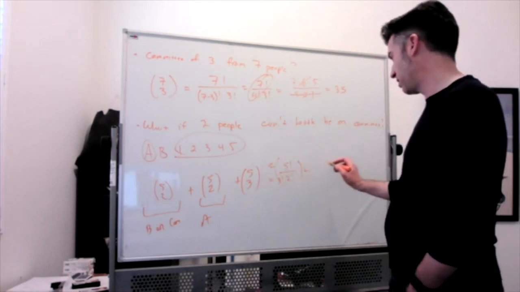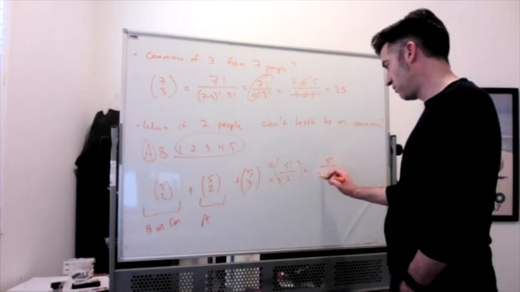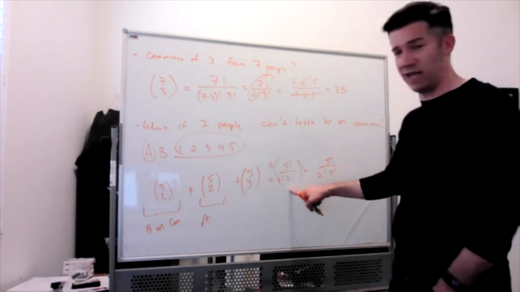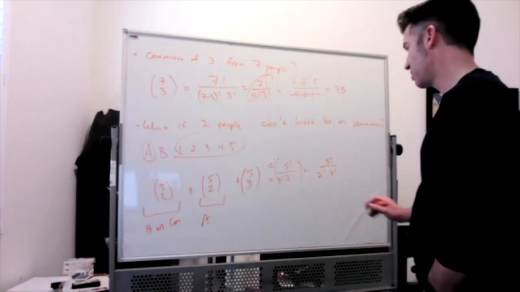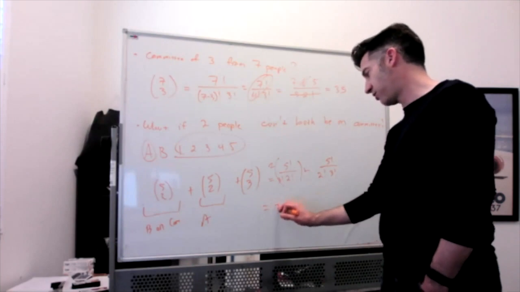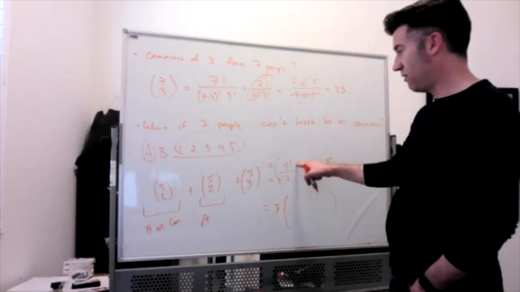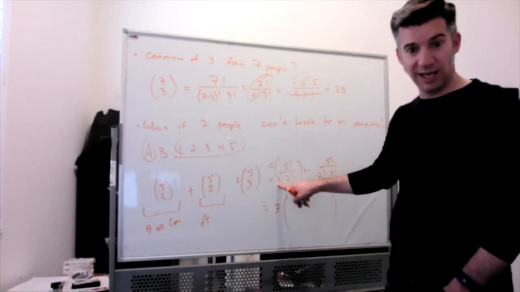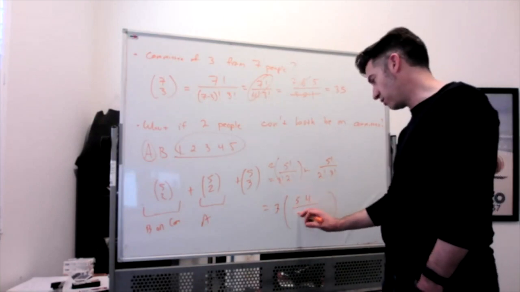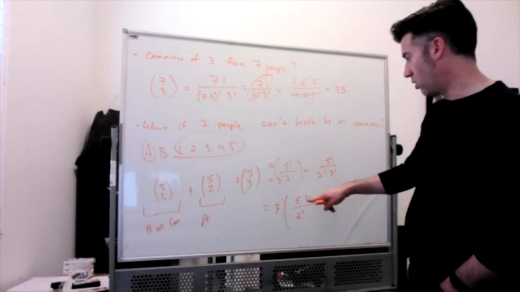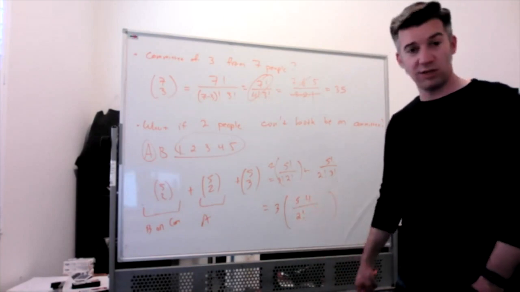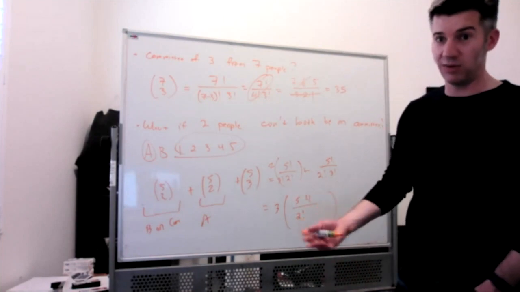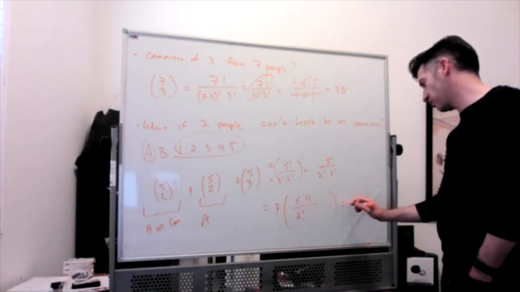And then 5 choose 3 is 5 factorial over 2 factorial times 3 factorial. That's the same as that. So I really got 3 times 5 factorial over 3 factorial times 2 factorial. 5 times 4 times 3 times 2 times 1 cancels the 3 factorial, so I have 20 divided by 2 factorial, which is 2, that's 10, and 3 times 10 is 30.